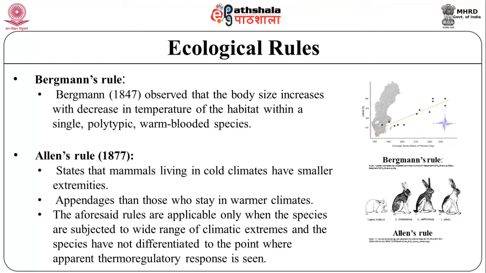The aforesaid rules are applicable only when the species are subjected to a wide range of climatic extremes and the species have not differentiated to the point where apparent thermoregulatory response is seen.